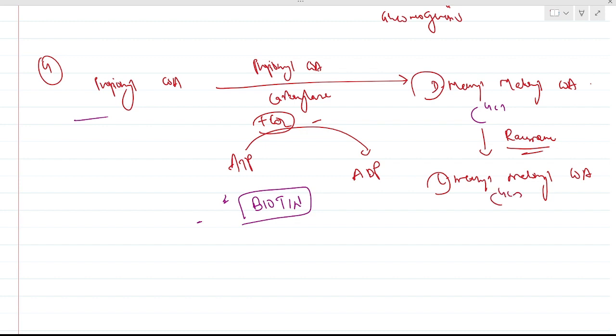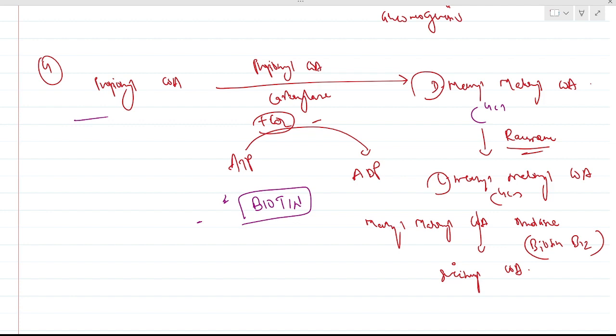This is also a 4-carbon compound, which is then converted to succinyl coenzyme A. Here the enzyme is methylmalonyl coenzyme A mutase, and here it requires B12.